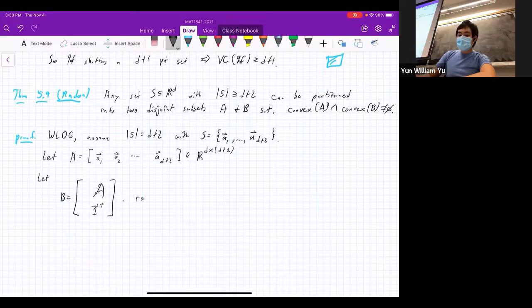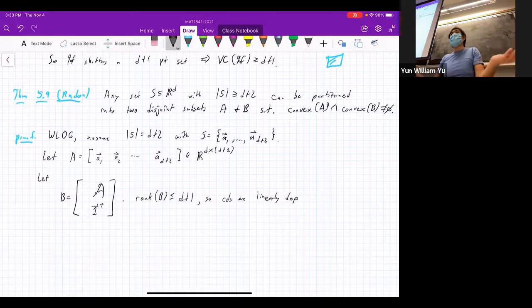And clearly the rank of this matrix, what's the easiest upper bound on the rank of this matrix? Yeah, it's just D+1. This is a D+1 by D+2 matrix. So clearly the rank can't be bigger than the number of rows it has. But this means that the columns are linearly dependent, right?